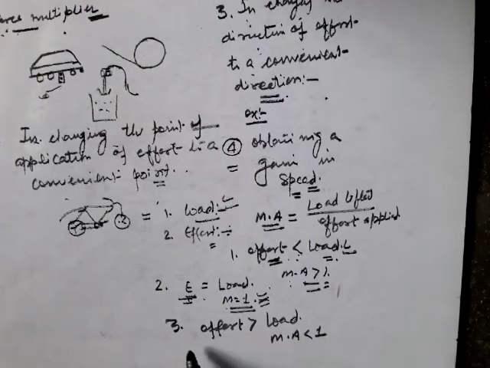And the third point is, you have to notice here that when the effort needed is greater than load, in this case mechanical advantage is less than 1. We can take the example of a hockey player playing on the ground while hitting a small ball, just a small load.